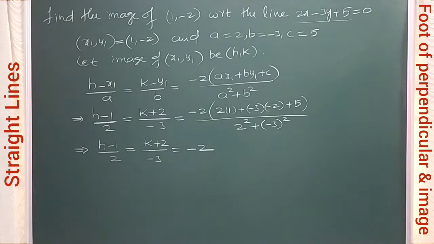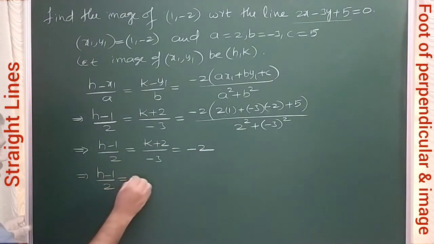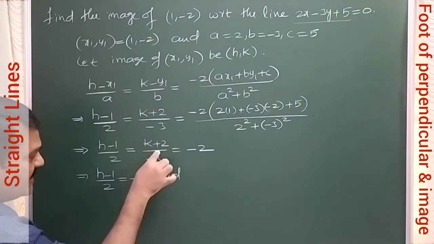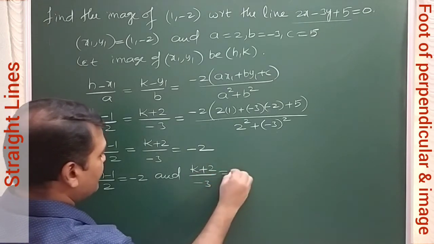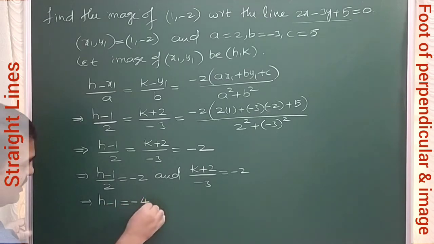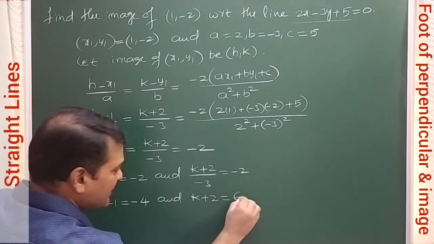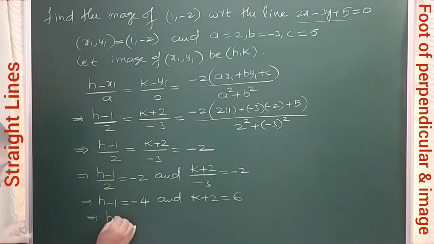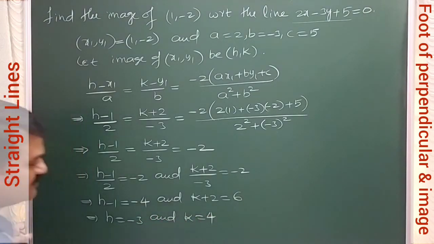So equate now. (h minus 1) by 2 is equal to minus 2, and (k plus 2) by minus 3 is equal to minus 2. So cross multiply, h minus 1 is equal to minus 4 and k plus 2 is equal to 6. So I will get h is equal to minus 3 and k is equal to 4.